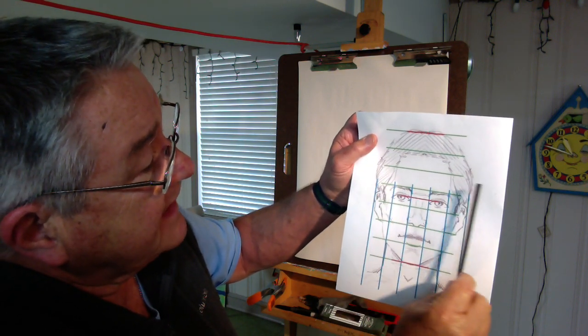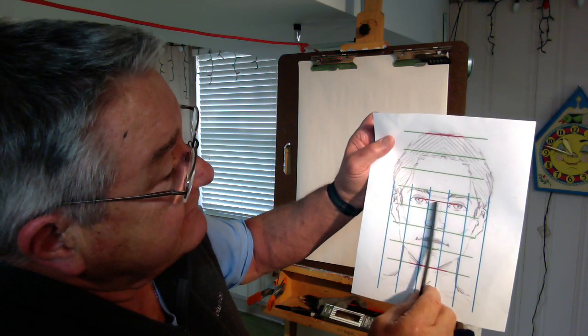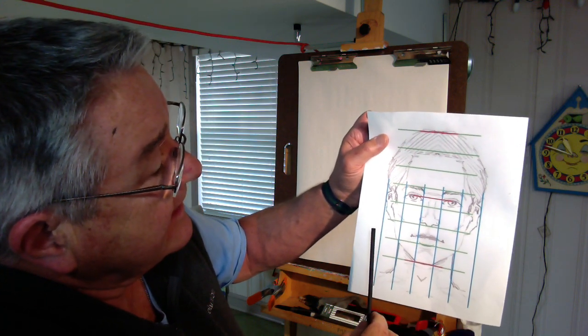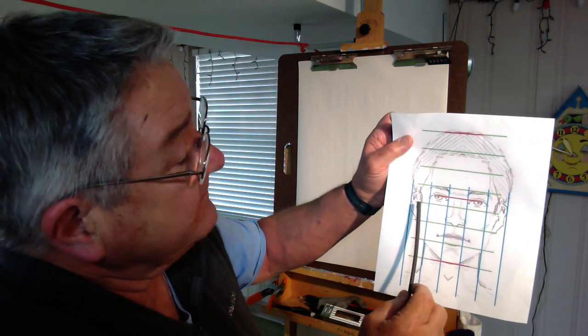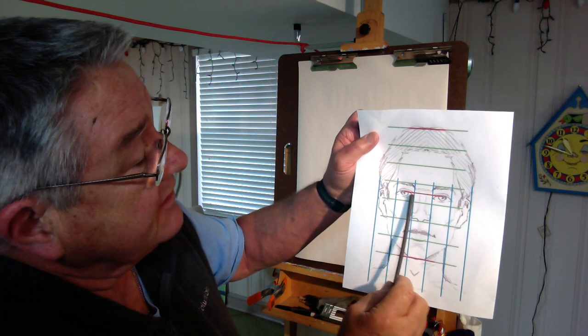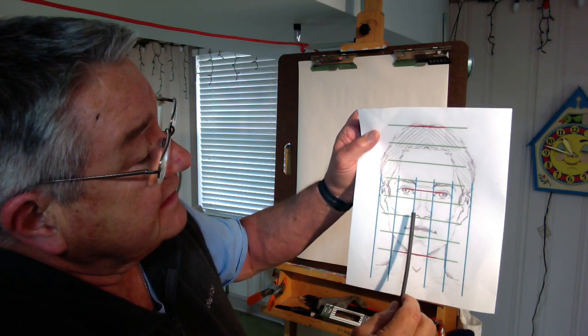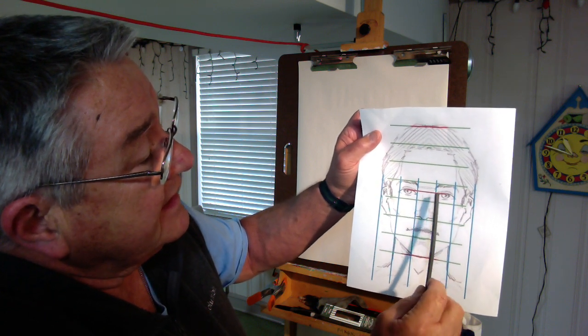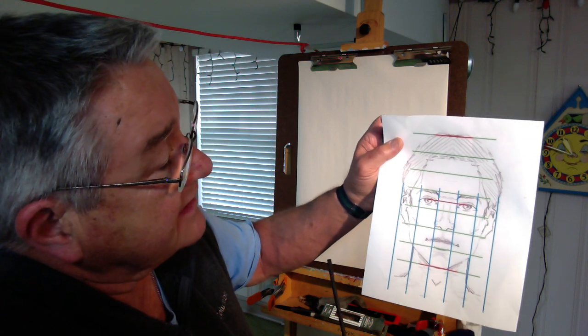You can divide the head up vertically into 5 sections of equal width, or columns if you want to call them that. So you've got from the ear to the outside of the eye, the entire width of the eye, the width of the nose at the bottom down here, the width of the eye, and then from the outside of the eye to the ear again.